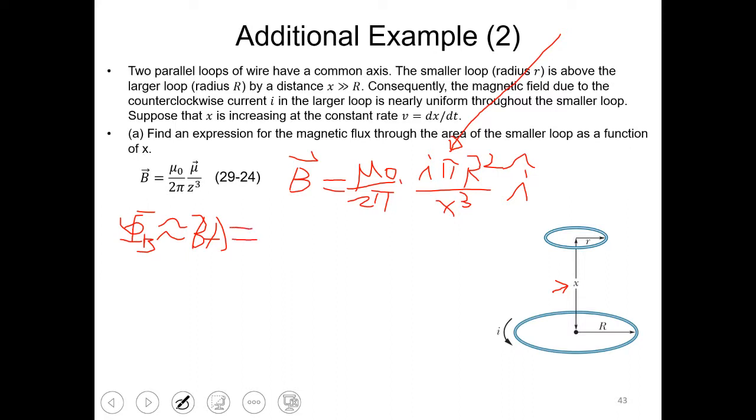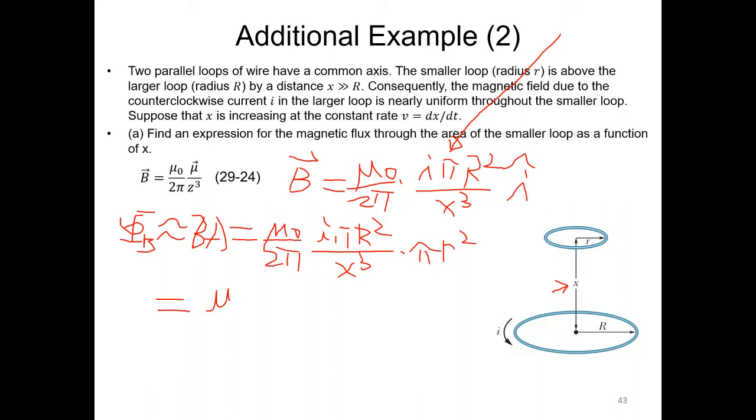So we can write it like this: I times pi r square over x cubed, and then a is pi r square for the smaller coil. So it is something like mu 0 I pi.